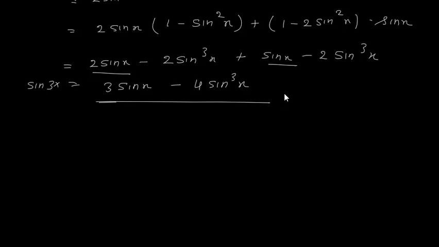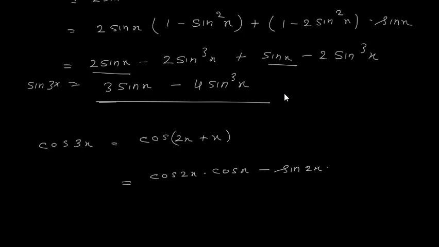In the same way, we can find the value for cos 3x. Cos 3x is cos of 2x plus x, right? So you can expand here. Cos of a plus b is cos a into cos b minus sin a into sin b.